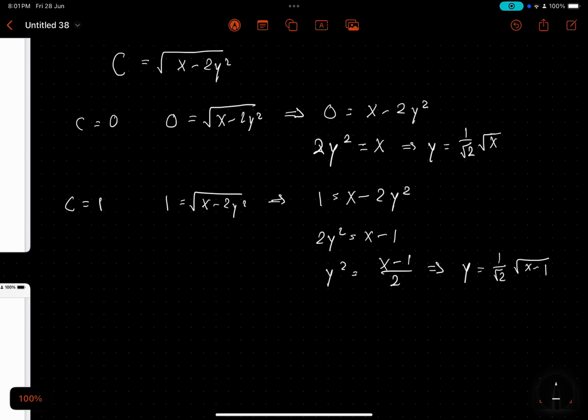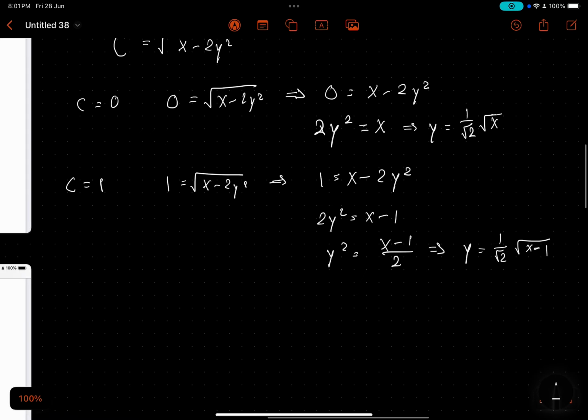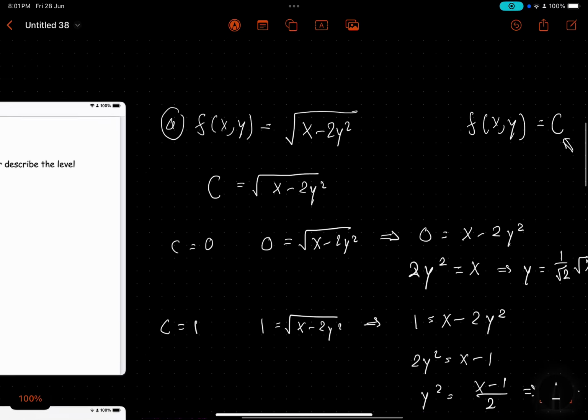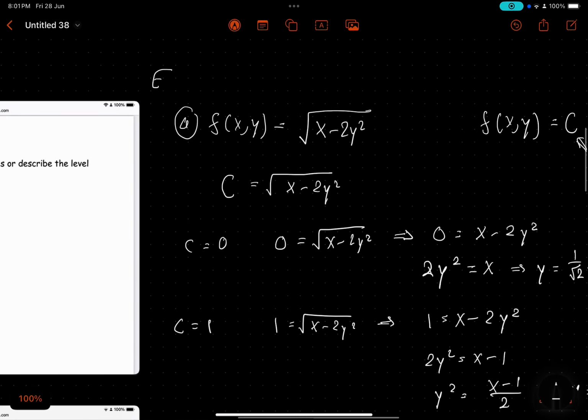So this is also the same square root, but it's going to be transferred 1 unit to the right. This is our first example.